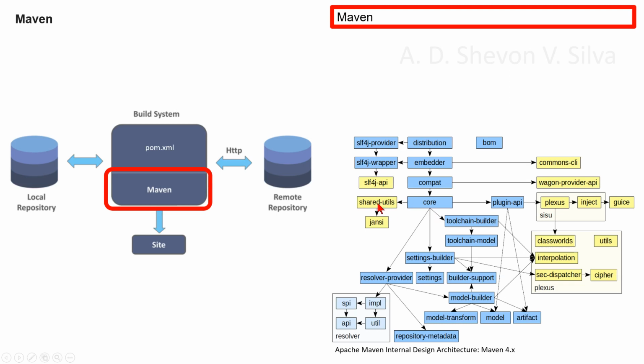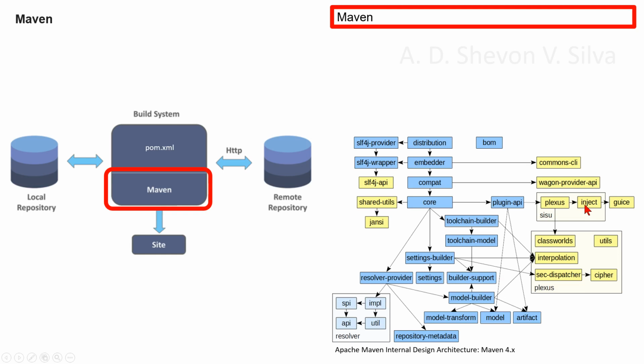is connected to shared utils, and shared utils is connected to Jansi, and plugin API is connected to Sisu, and inside it you can see plugin API is connected to Plexus, and in Sisu you can see Plexus and Inject.